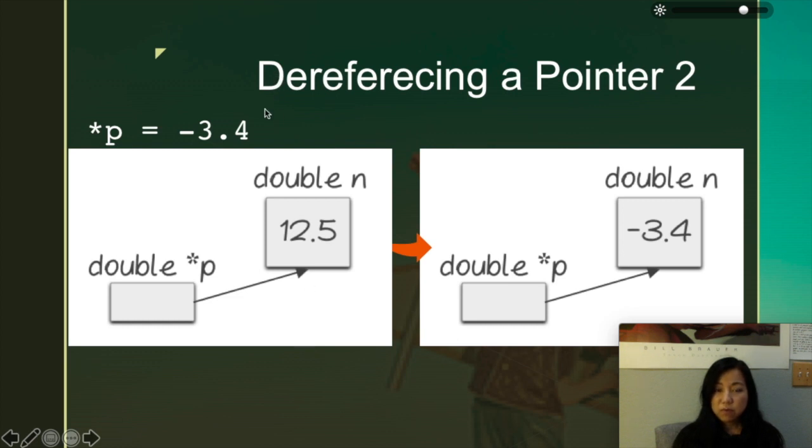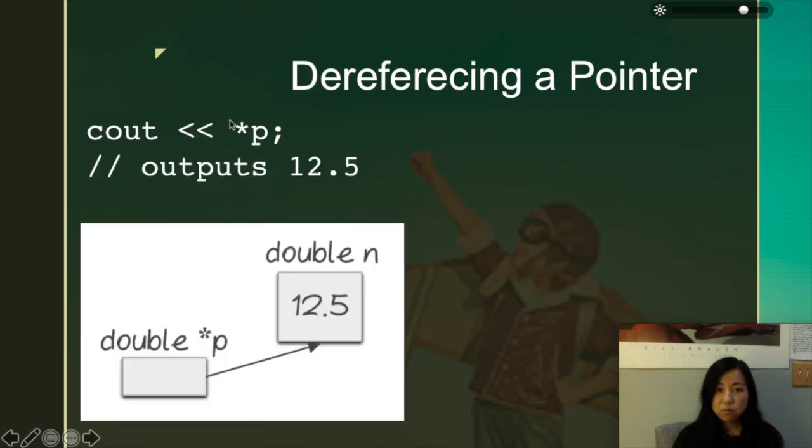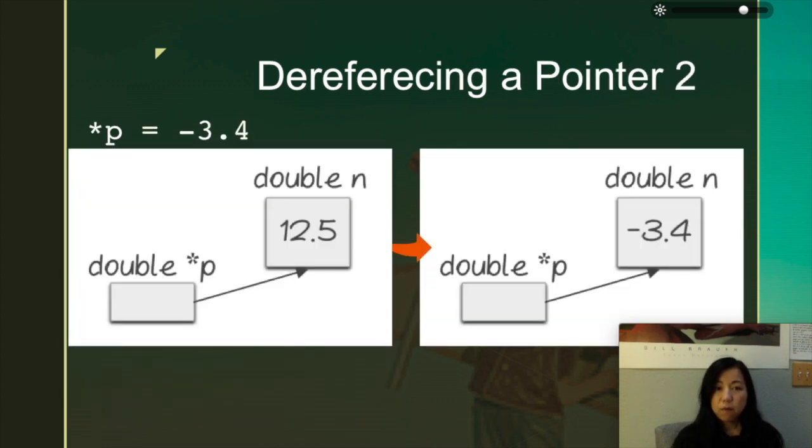Another way to dereference: the last one is to get the value of where P is pointing to. To set where P is pointing to, you also use the star P. And then you can say negative 3.4, then it will change the double n to negative 3.4 because it is currently pointing to the double n.